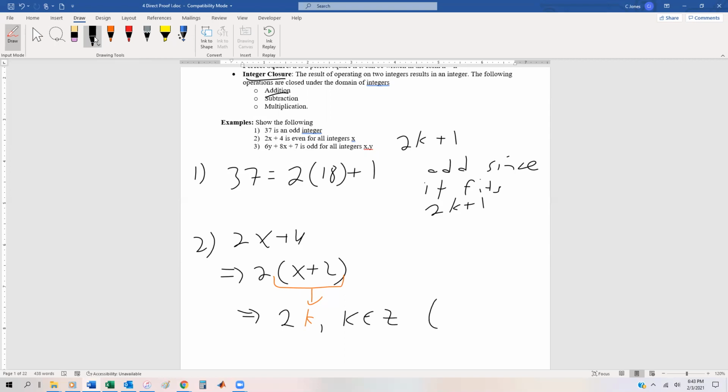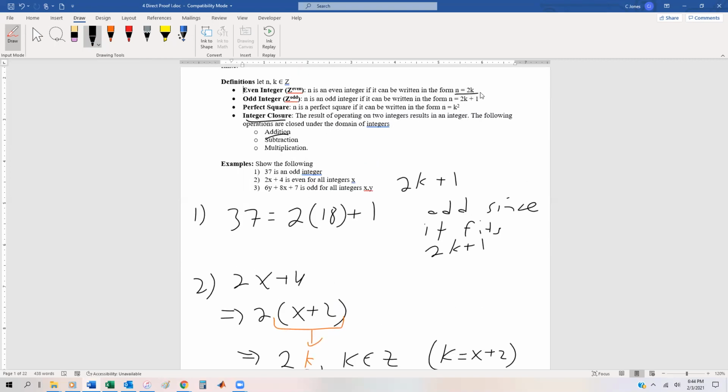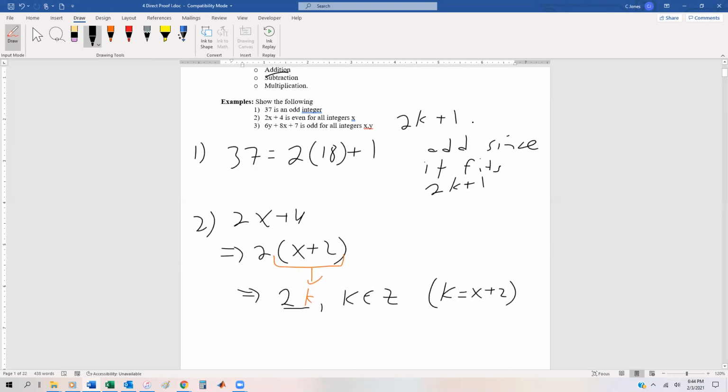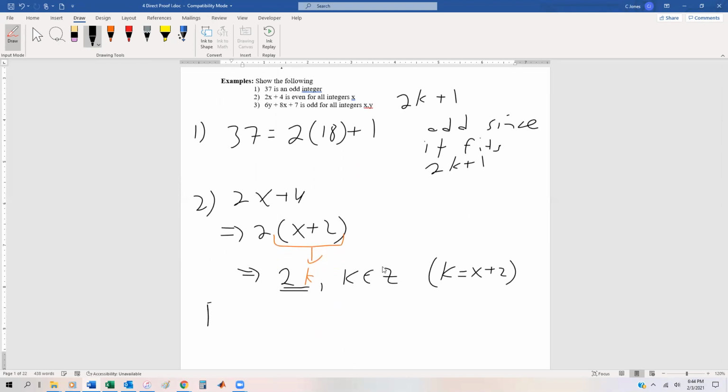In parentheses, if we really wanted to, we could say k is equal to x plus 2. That means 2x plus 4 is even because it fits the very definition of even. Remember, if we can write something in the form 2k, then it's even. So this is even since it fits 2k.